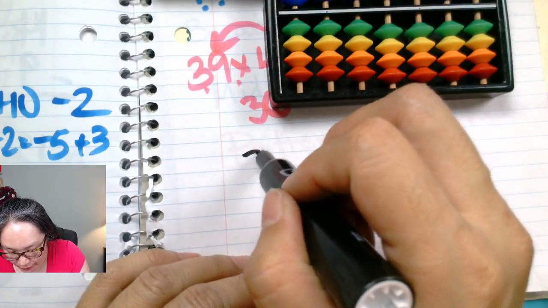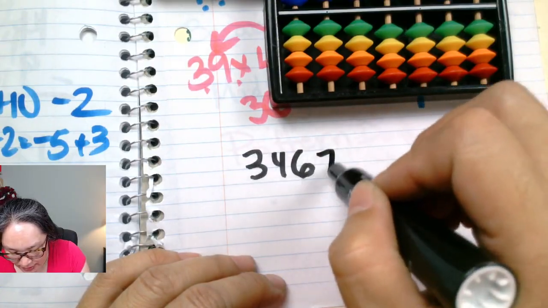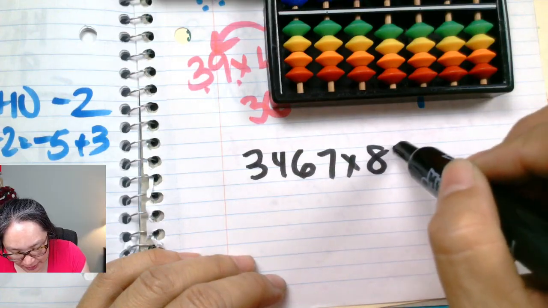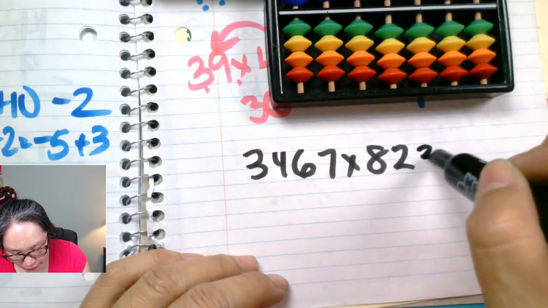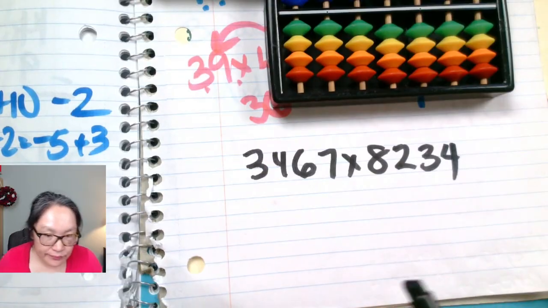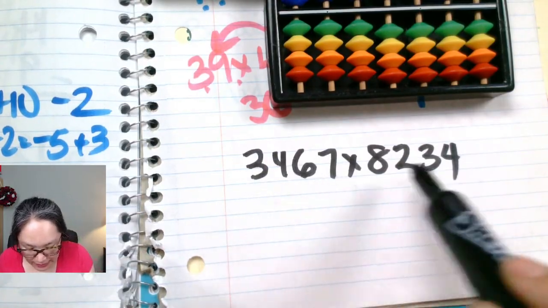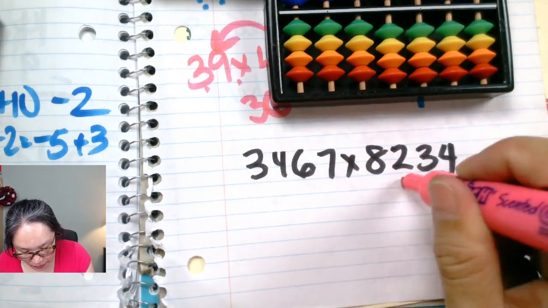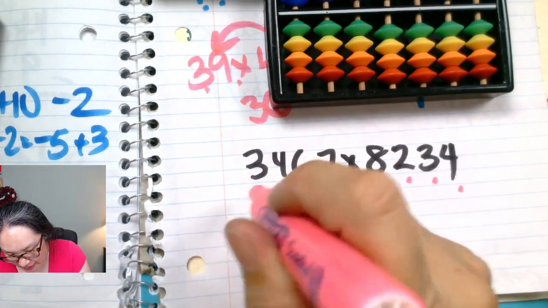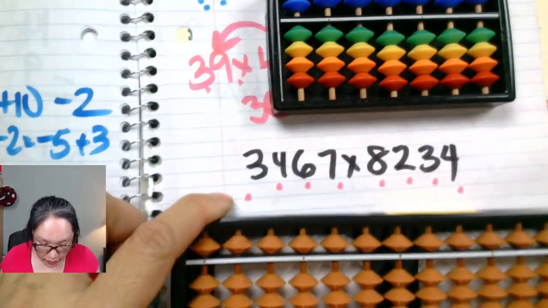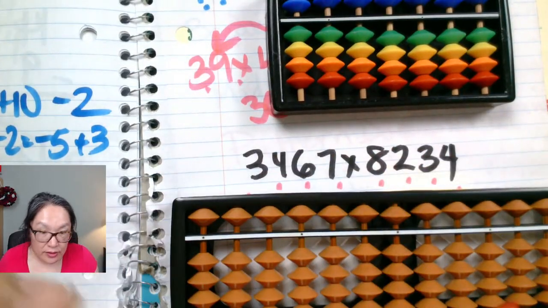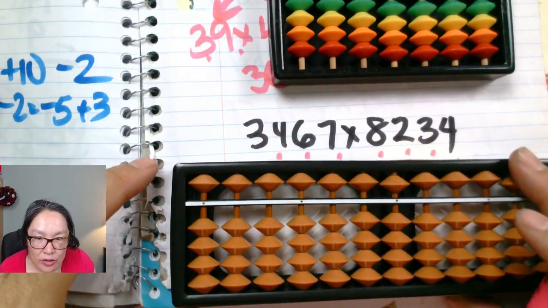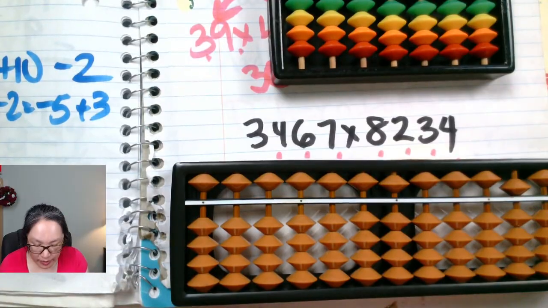So it'd be 3, 4, 6, 7 times 8, 2, 3, 4, right? Then when we count it, it would be 1, 2, 3, 4, 5, 6, 7, 8. So that's why it'd be better to do this. It depends on how big you think your numbers are going to be.